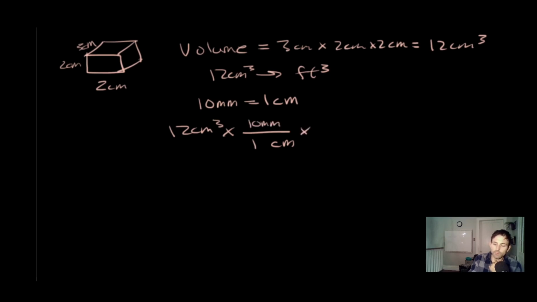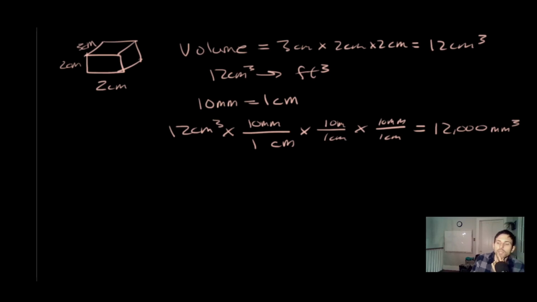Now remember, we've got 3 of these. Each side is converted independently. Now, we've got 1,000 times 12 is 12,000 millimeters cubed. So 12 centimeters cubed is 12,000 millimeters cubed.